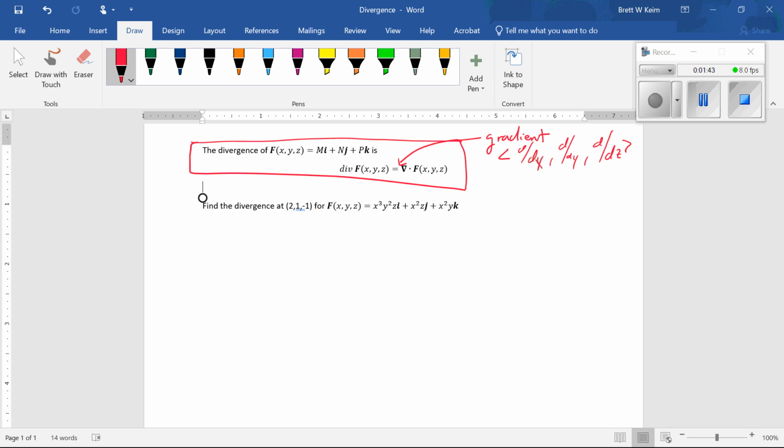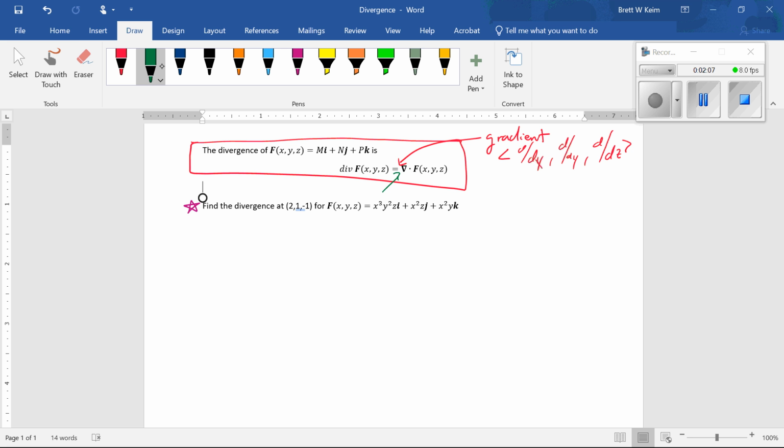So it doesn't seem all that difficult, and I have an example here planned. If you haven't had a chance, go ahead and write down my example now. Here we're trying to find the divergence at a specific point for a vector field, and it's given to us here. A couple of things that I like to do is I can simply write out the entire formula.